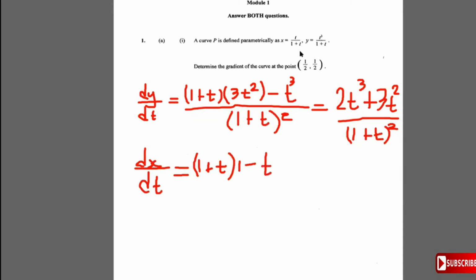Differentiating 1 plus t, we just get 1, over the bottom squared. And so if you work out 1 plus t minus t, the t minus t cancel, so you just get 1 over 1 plus t all squared.